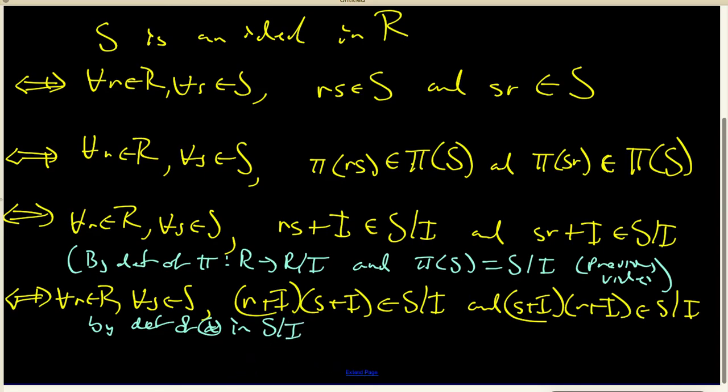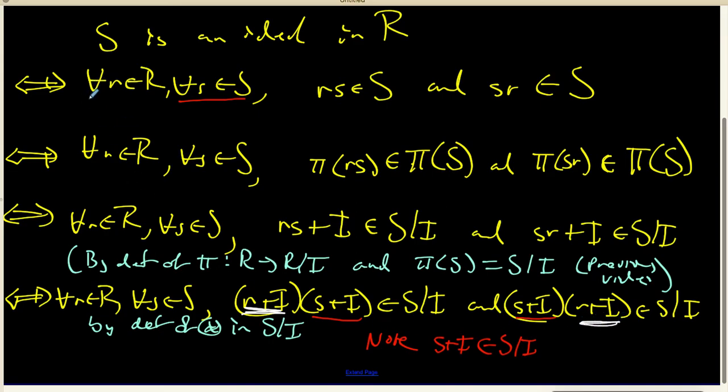But what this is now saying, since I already know, and I want to make some notes here, this guy here is in S/I, and he is an arbitrary element of S/I because s up here is an arbitrary element of the subring S. And we also have r + I on both of these.